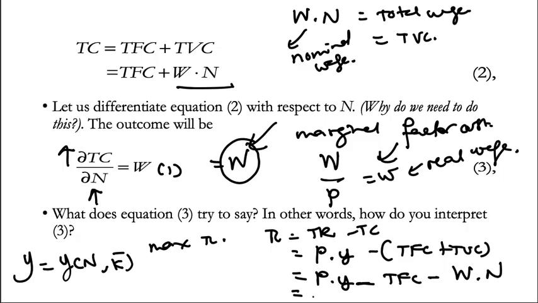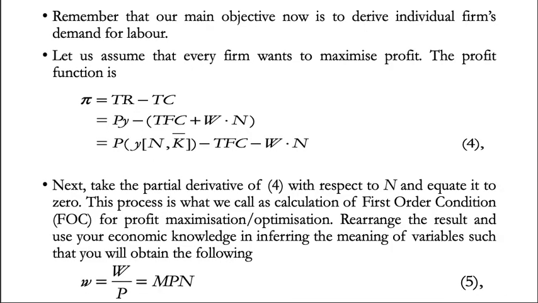Therefore, I can rewrite it here as price times Y, specifically as a function of labor and also fixed capital, minus total fixed cost minus W times N. Can you see? So this is the profit equation, and this in the slide is referring to expression 4.